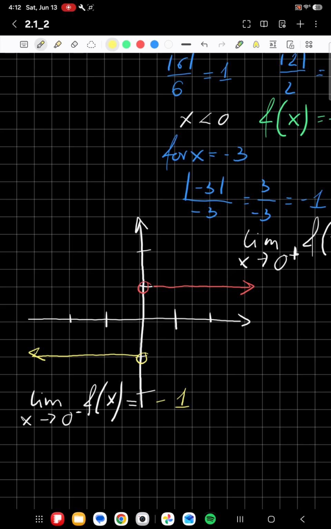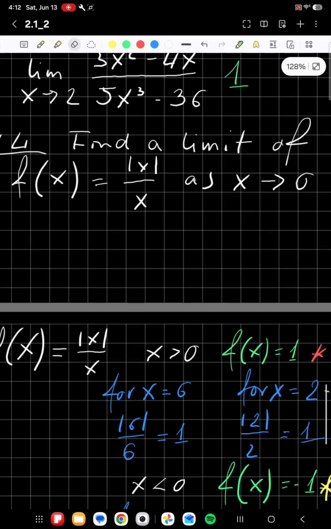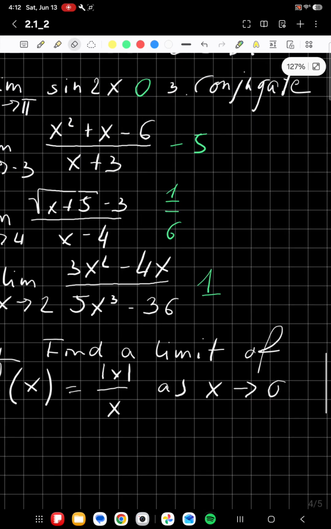Okay, so I hope you understand what's happening. I'm approaching that 0, that's what I need to do, that's what it says when we were writing the problem over here.